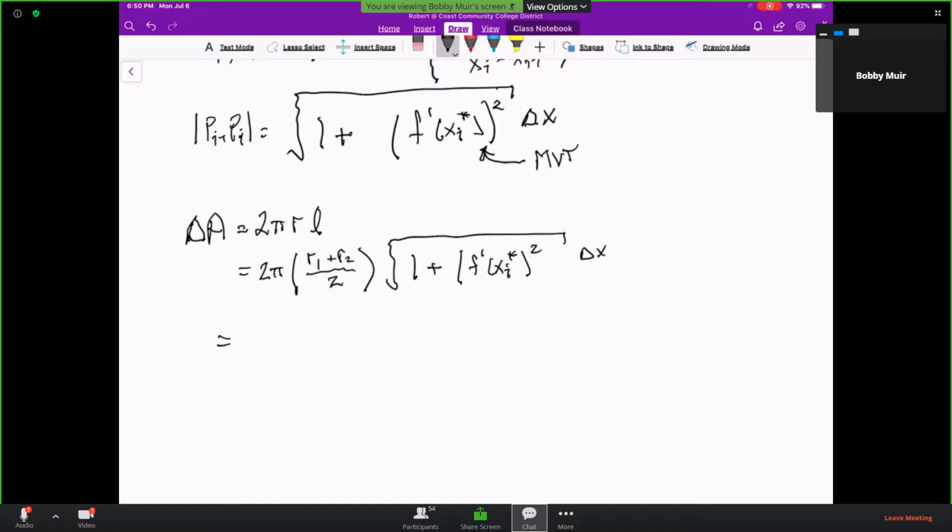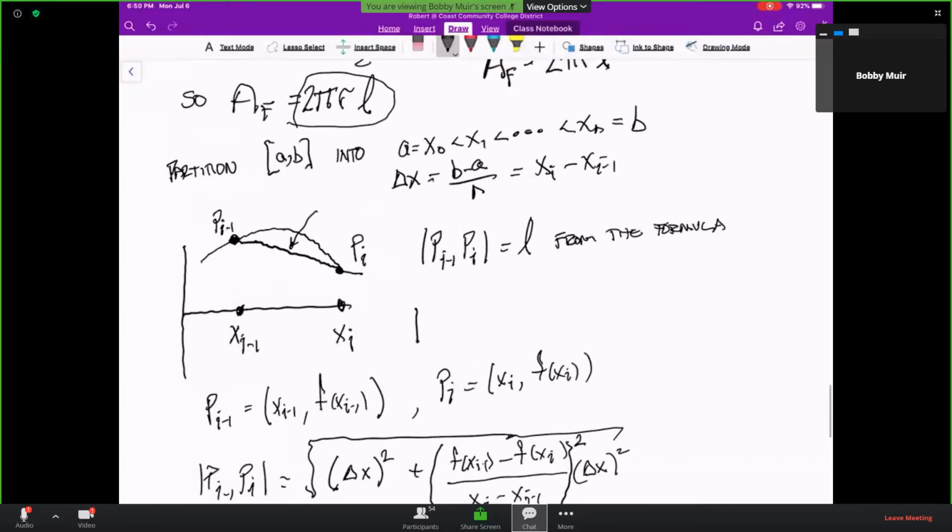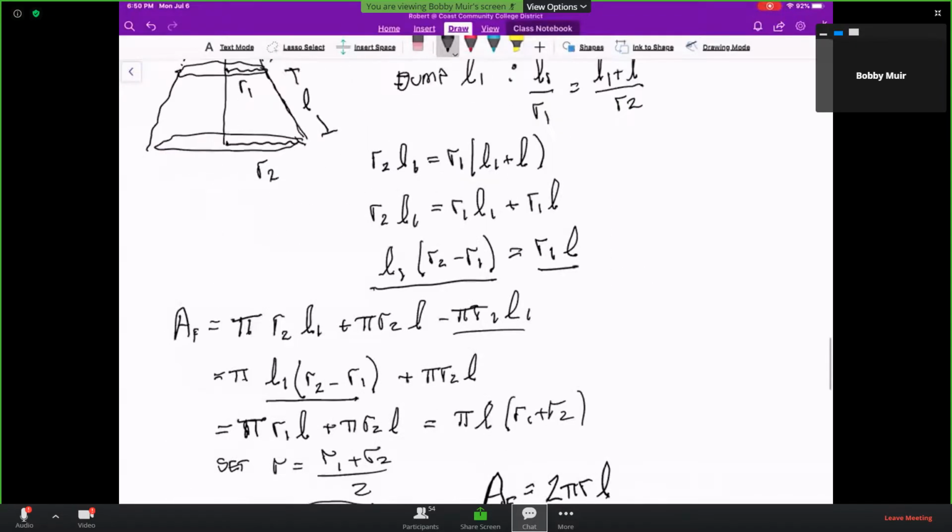And if you want, you can say, okay, so this is 2 pi. Now R1, that was all the way back up here at the picture.